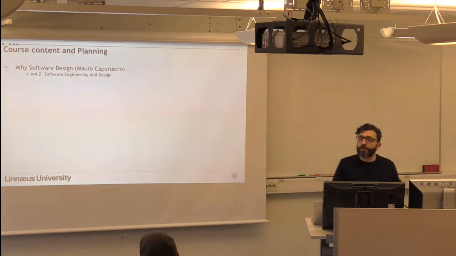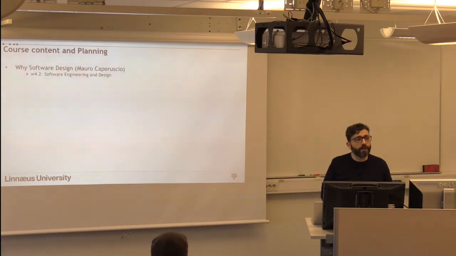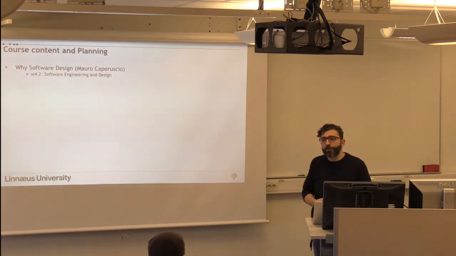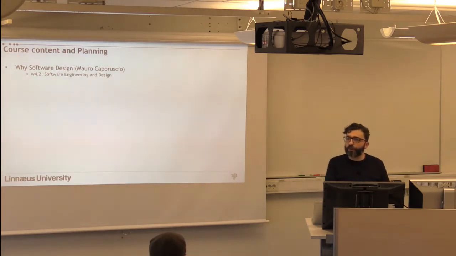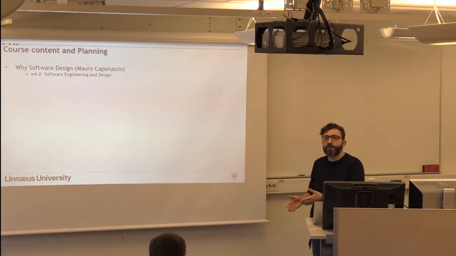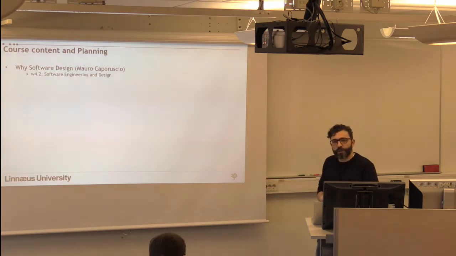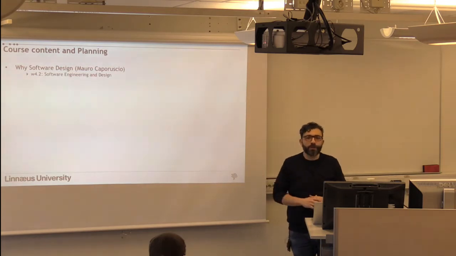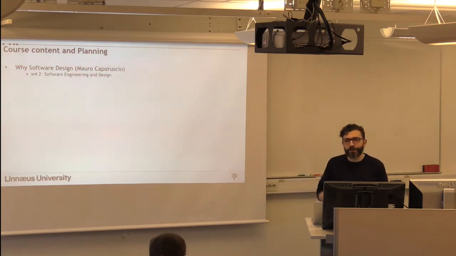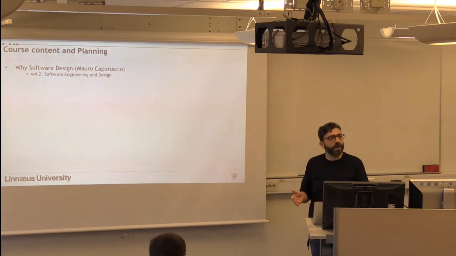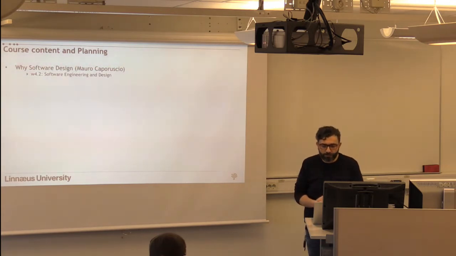We want to understand by the end of the course that in order to provide software with high quality, we need to work hard on it, starting from the requirement analysis, then the performance analysis, and then designing and architecting. Coding is the last part. It's not part of this course. It's the 2DV609, a following course, where we will have coding.